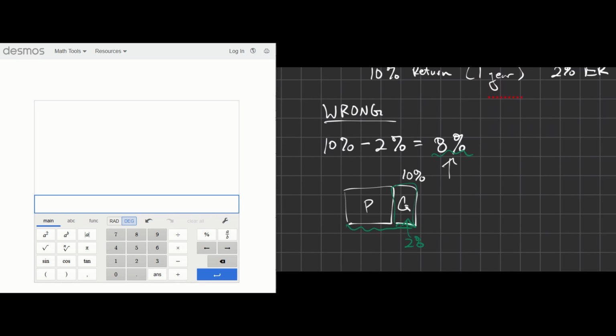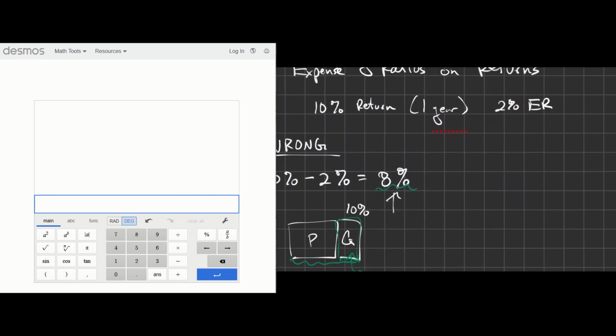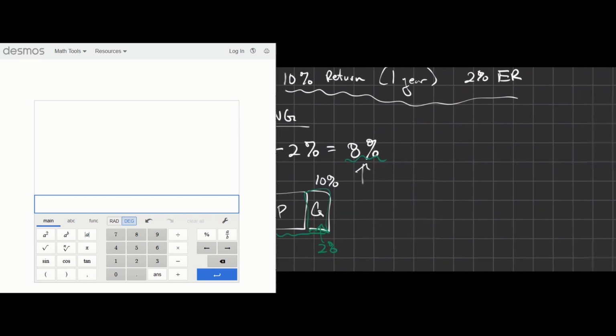So what's the correct way to do this? Well, let's do the same scenario. Let's pretend that we have a 10% return for 1 year, and then we have to pay a 2% expense to the fund or to the fund manager, or whoever is managing our money. The easiest way to think about this is, let's say you started with $1,000 and we're going to get a 10% return.